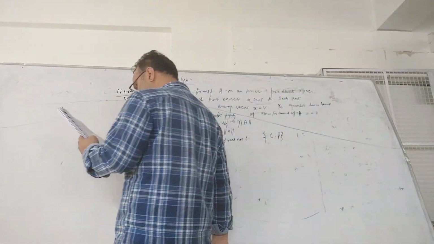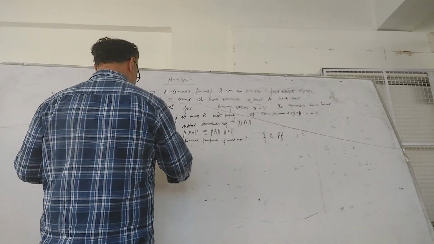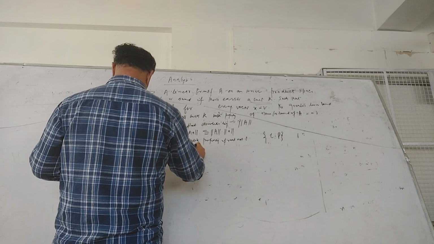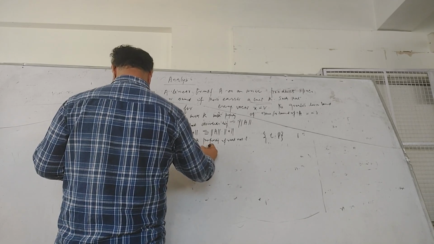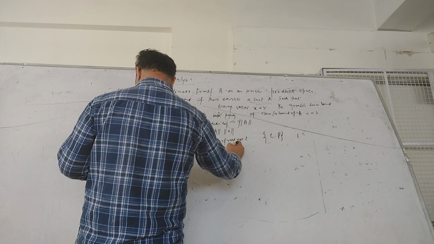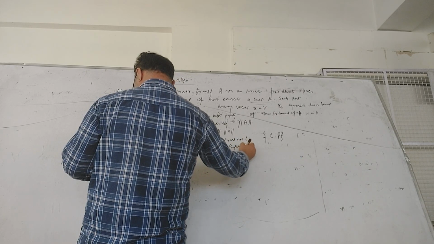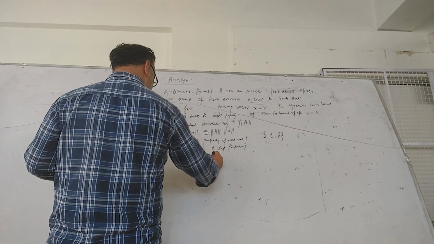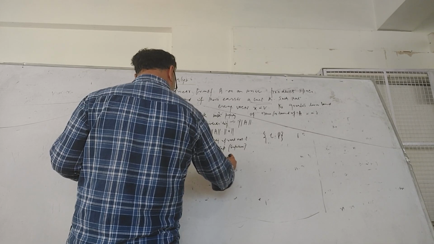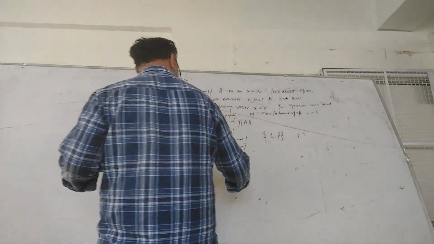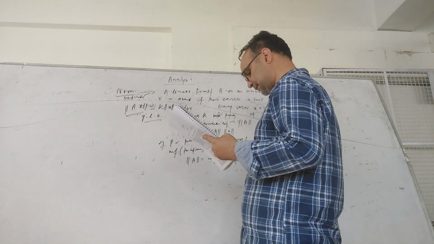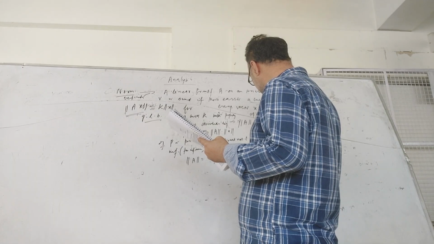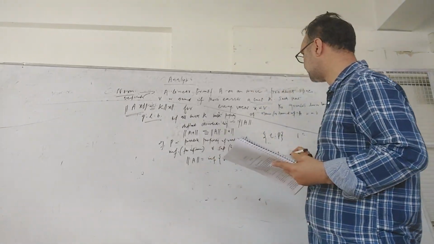We denote the greatest lower bound and the least upper bound by the infimum and the supremum respectively. So the modulus of A can be denoted as the infimum of K such that the modulus of Ax is bounded by K times the norm of x, for all x.